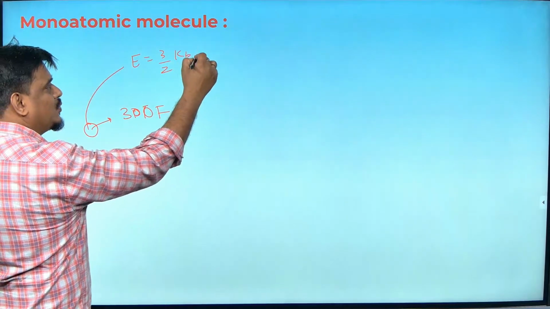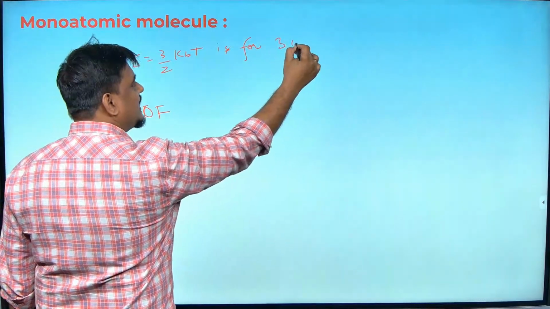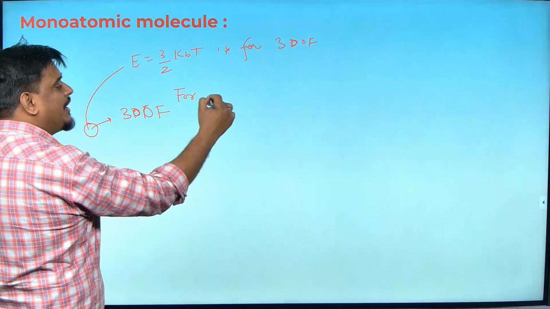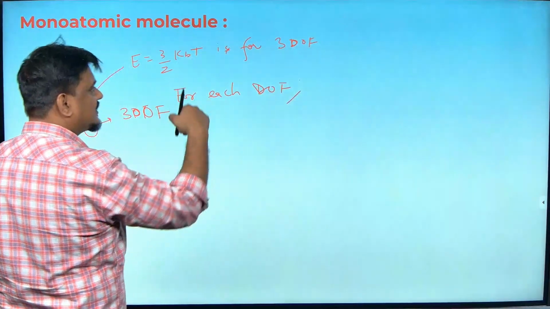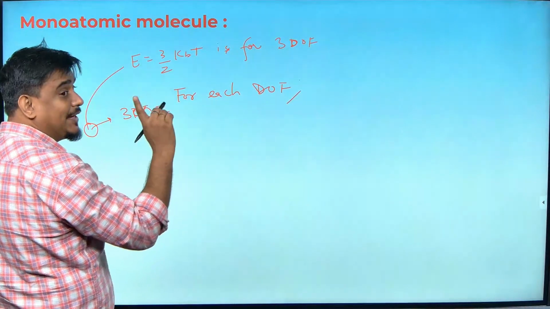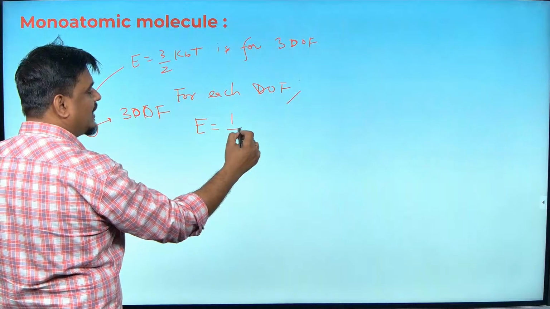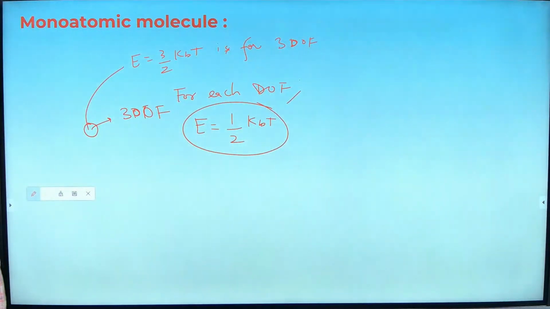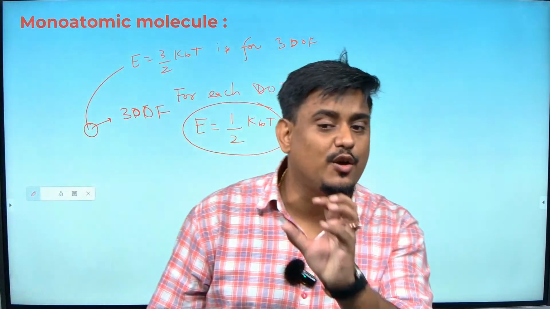So 3 by 2 kT is for 3 degrees of freedom. So for each degree of freedom, how much is the energy? 1 by 3 times of this, which will become equal to 1 by 2 kT. Am I right? Remember this, it's an important thing. 1 by 2 kT is the share of each degree of freedom.